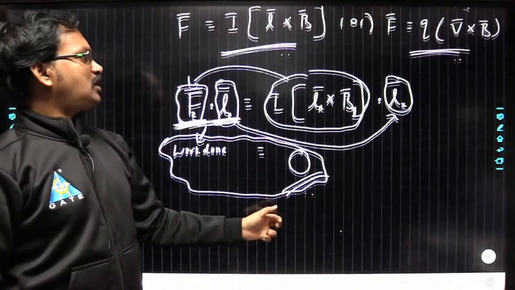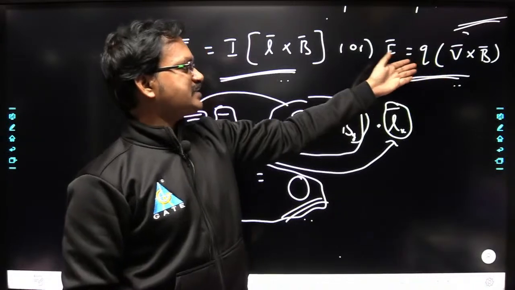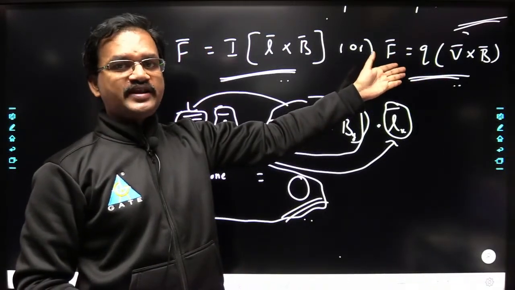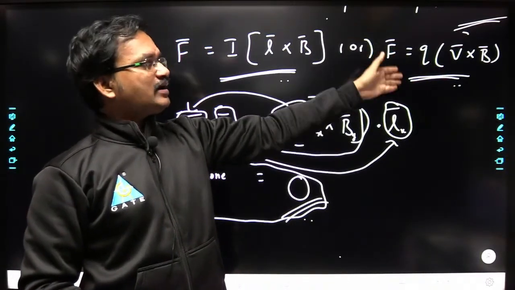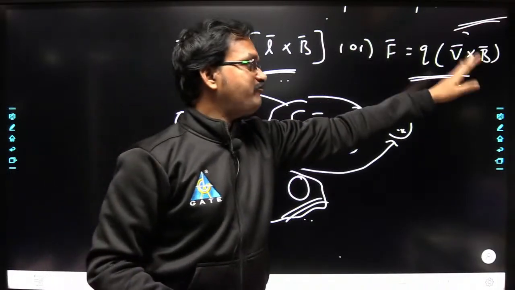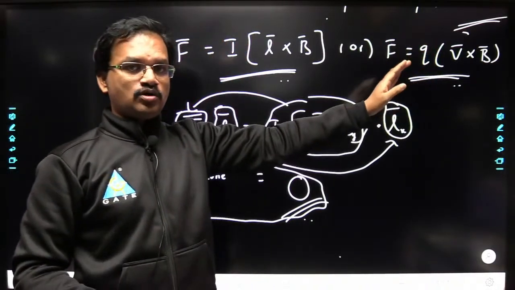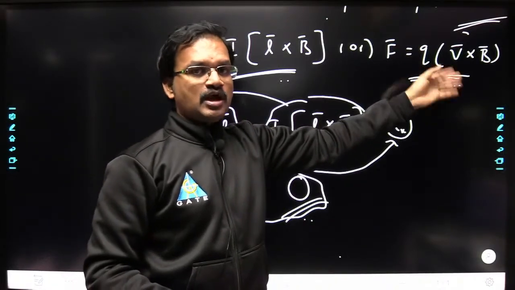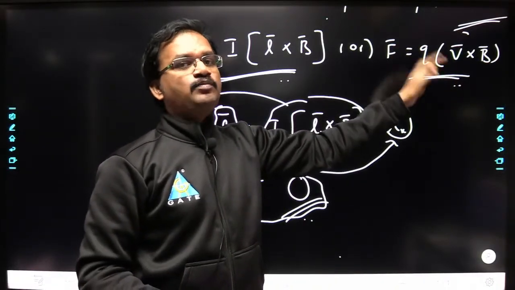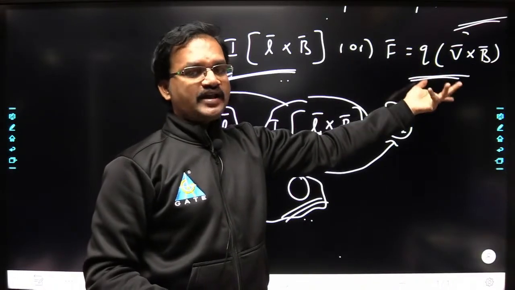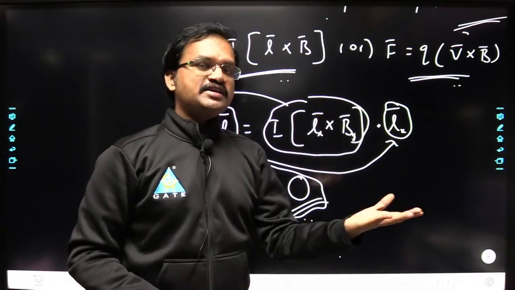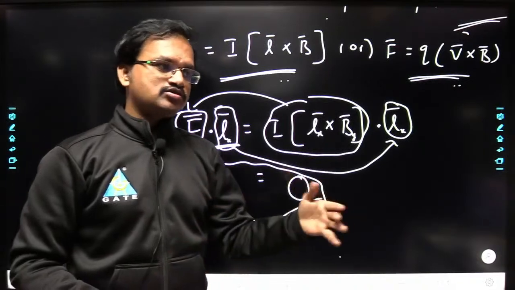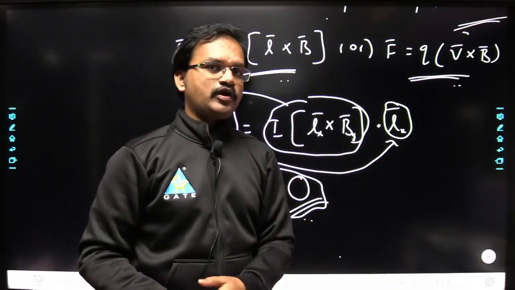Whenever you have a moving charge, it is experiencing some force. But the work done by the field on the moving charge is equal to 0, so the B field is not going to alter the speed of the moving charge, but it can at most change its direction. How it changes the direction, all those things we are going to see here.